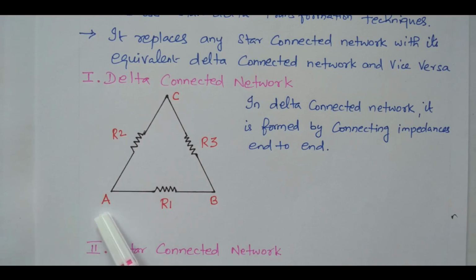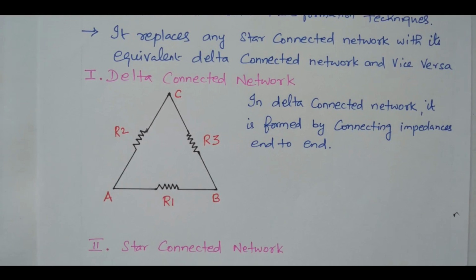The corners are named A, B and C. The resistor values are R1, R2, R3. Resistors connected end to end are called a delta connection.